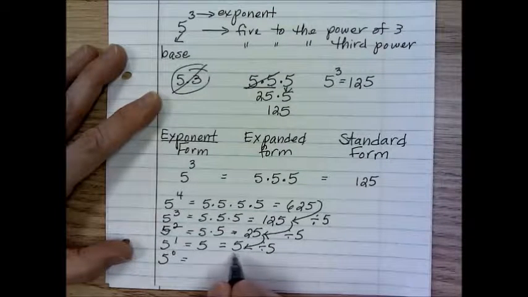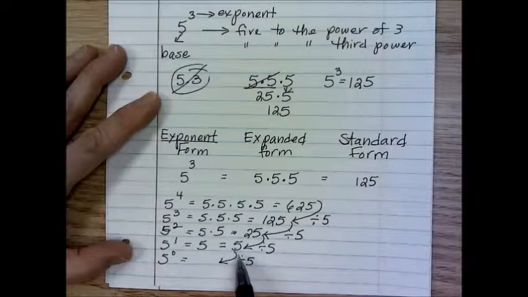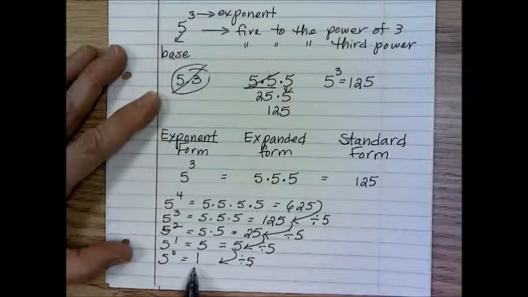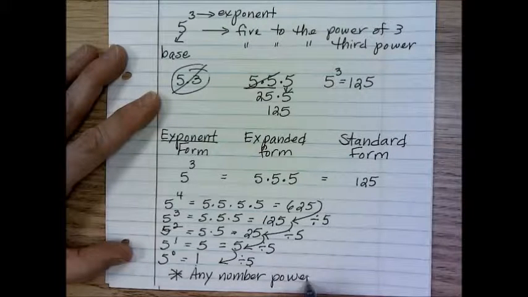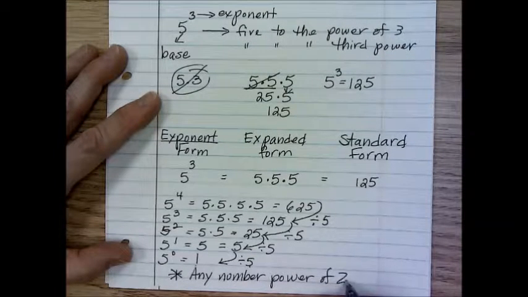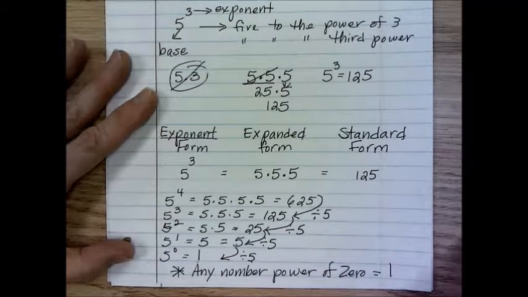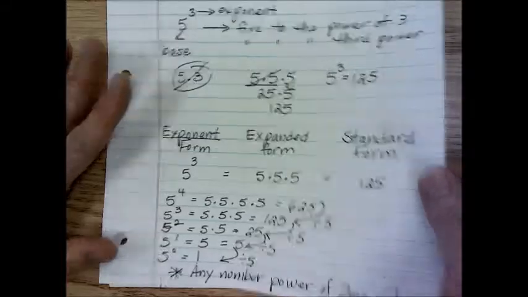So if I continue the pattern and I divide by 5, 5 divided by 5 is 1. Isn't that interesting? 5 to the 0 power equals 1. Something you have to memorize, that any number to the power of 0 equals 1.